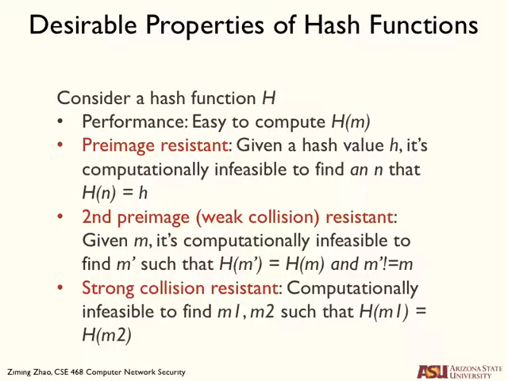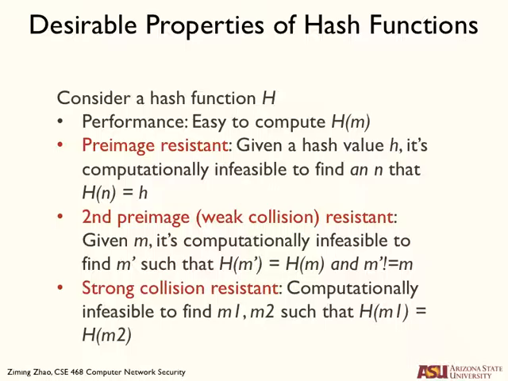This is a little bit different from what we discussed just now. Just now we were talking about not being able to get back to the original message. Here we're not talking about getting back to the original message. Any message that generates the same hash value would be okay. A good hash function should offer the property that it's hard to generate any message that matches a given hash value.